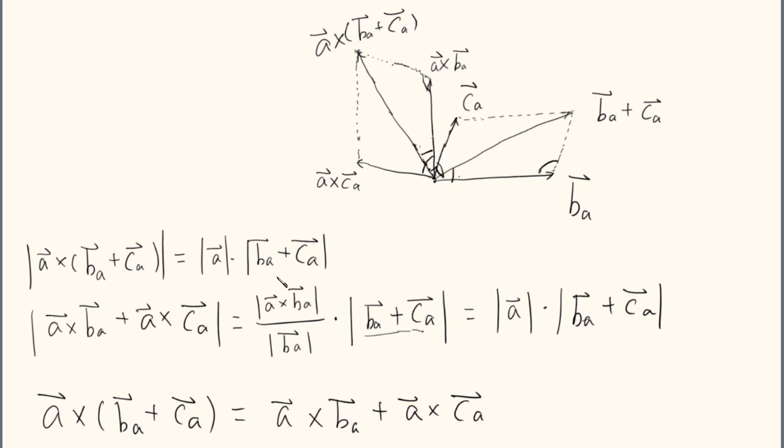is the ratio A times the length of this vector. So these two are equal. They are equal, and they also have the same direction.